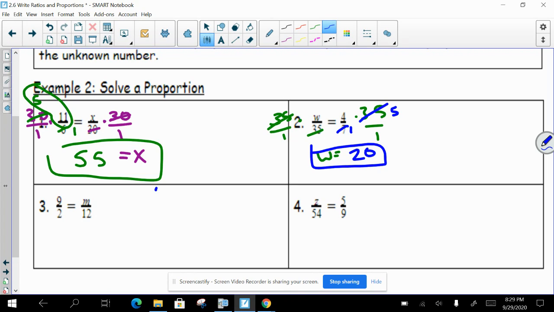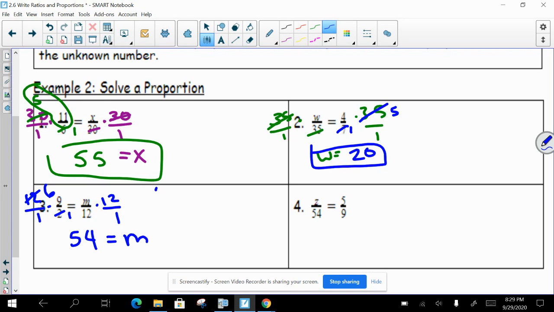All right, so if you didn't get the answer correct, here's how you would do it. Here you multiply both sides by 12 over 1, just like in the last two examples. Then 12 and 2 reduce to 1 and 6, or 6 and 1. Then 6 times 9 would be 54.